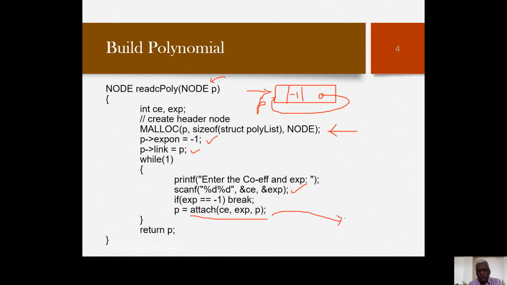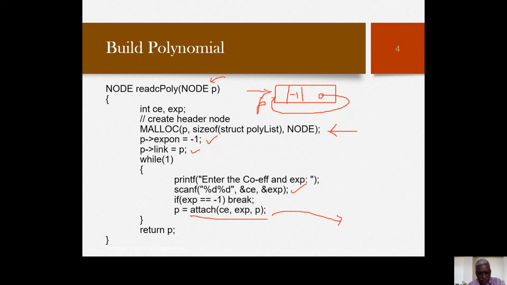The new node will be attached and it will return the updated value of that particular linked list. Then again this while loop will be executed and I will be reading in the next term, and so on, until my exponent is given as -1. Okay, so that is how it's going to be carried out.